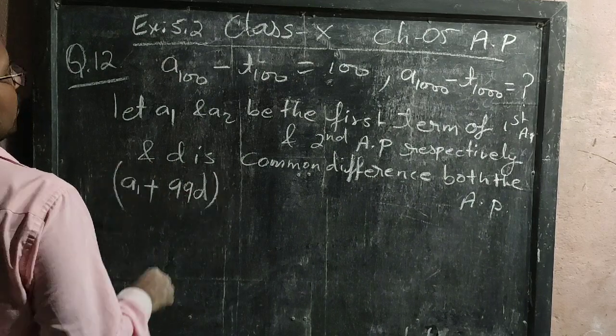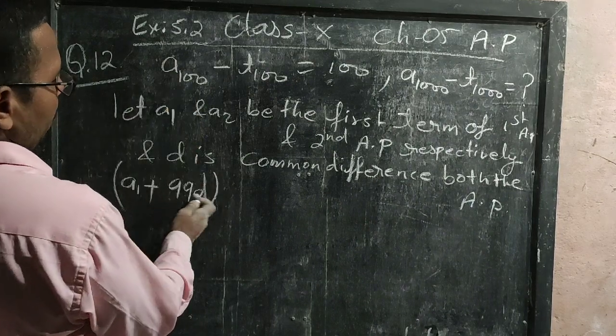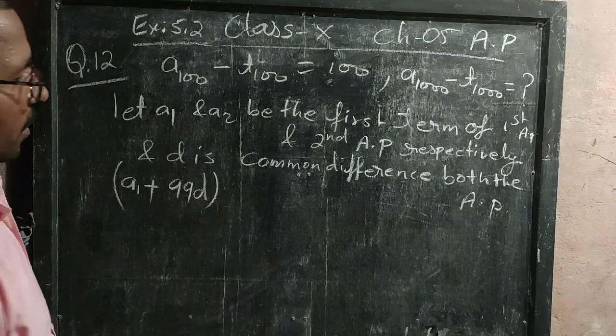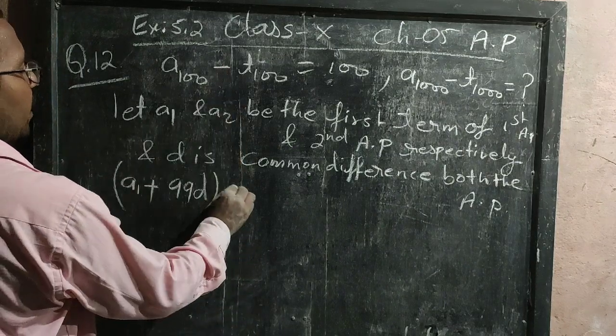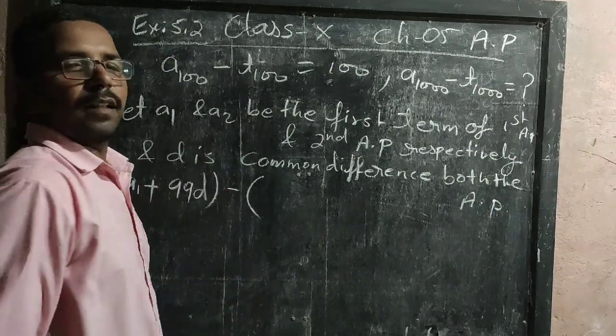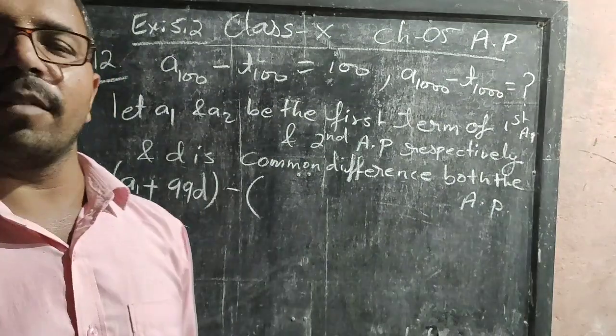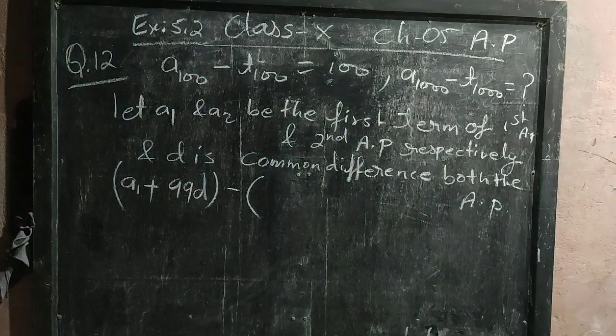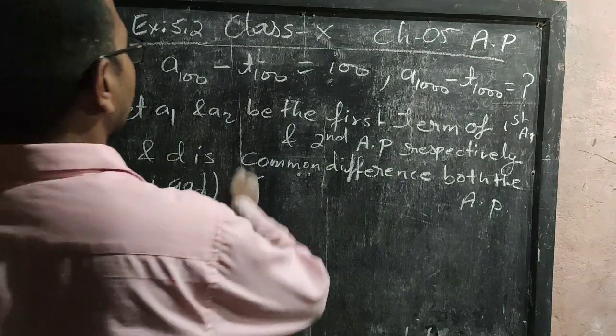This much is there for A100, using A plus n minus 1 into D. And put the negative sign. And again Tn, that is the next term, with the same formula as An: A plus n minus 1 into D. So this is for the second AP.